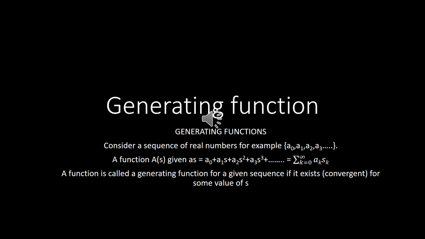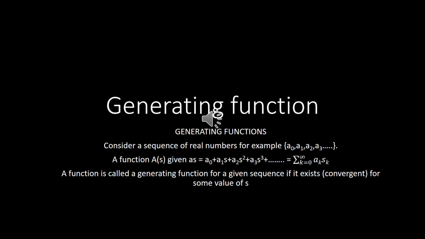Where we're getting this is that we are considering a sequence of real numbers. Those real numbers are a0, a1, a2, a3 all the way. Then we are now considering a function A of s, where what we are just introducing is the s in the real numbers sequence we had.